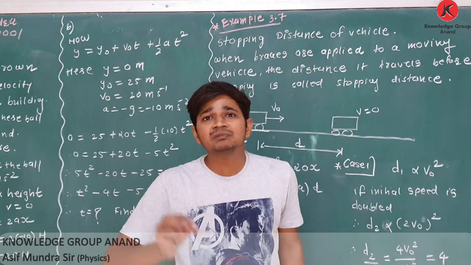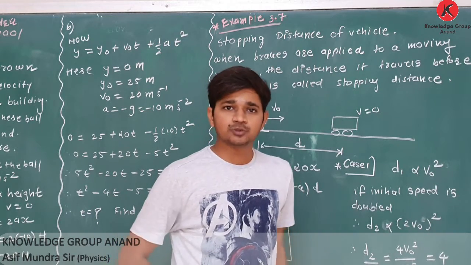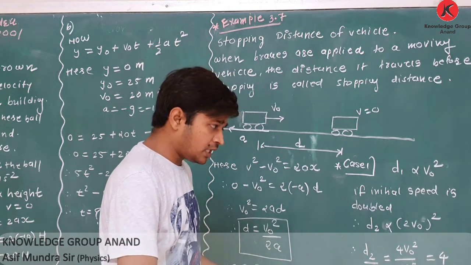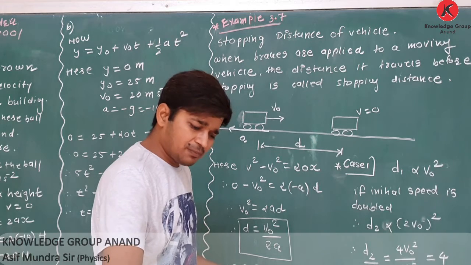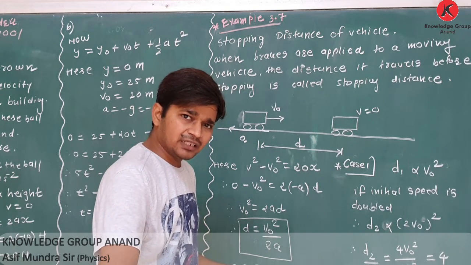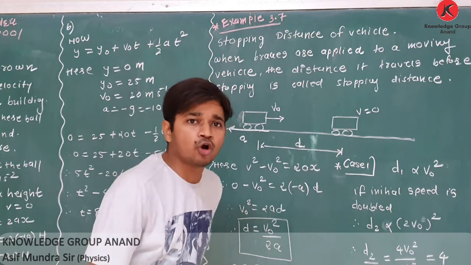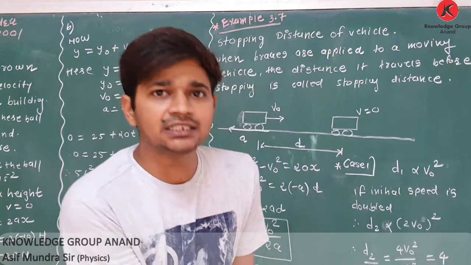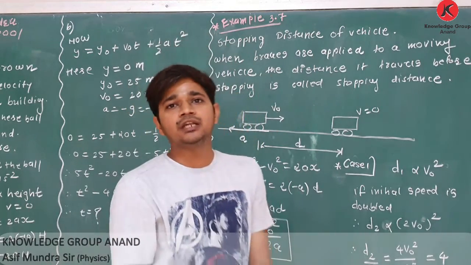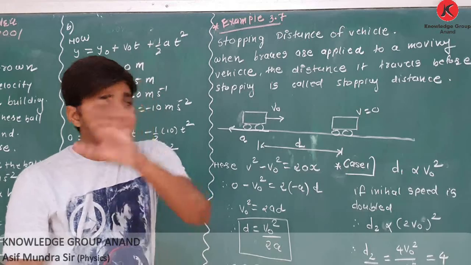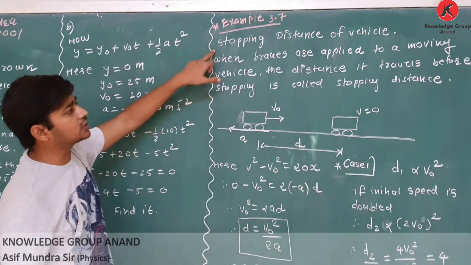If I am moving on a vehicle and I apply brakes, does my vehicle stop at the same point? No, it covers some distance and after that the vehicle stops. Then what is the stopping distance of a vehicle?